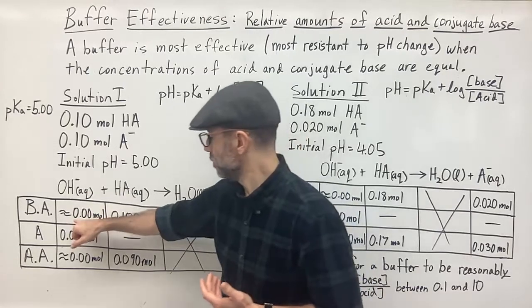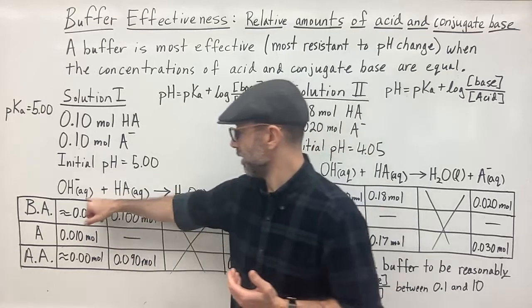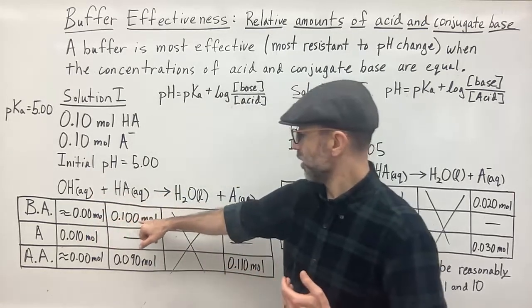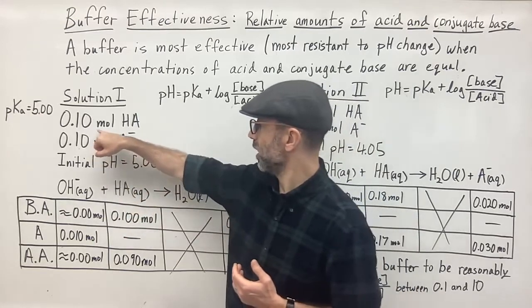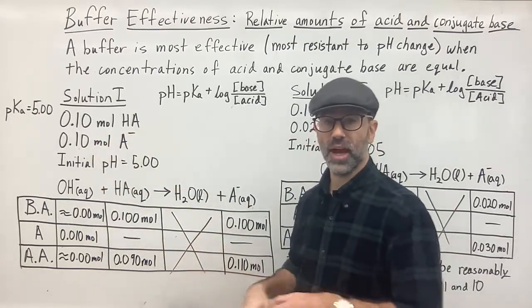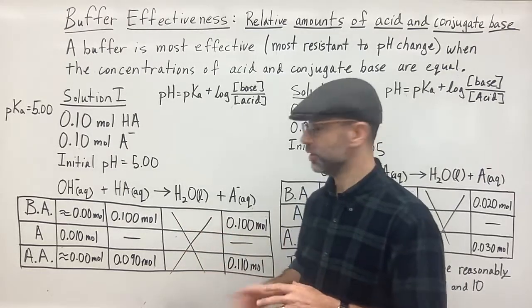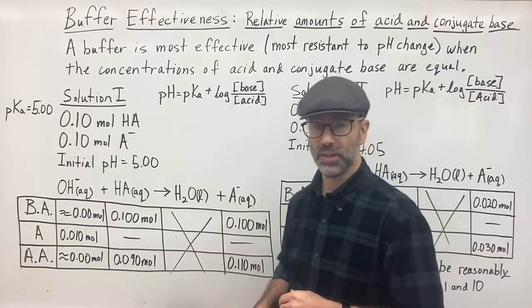We're starting with 0.1 moles of our HA. And water, since it's a liquid, is not involved in the reaction, so we cross that out of our table.